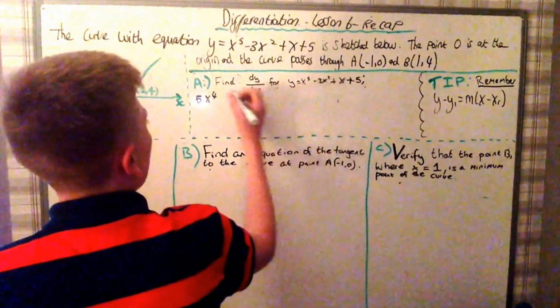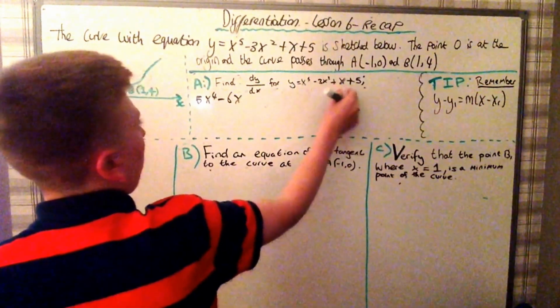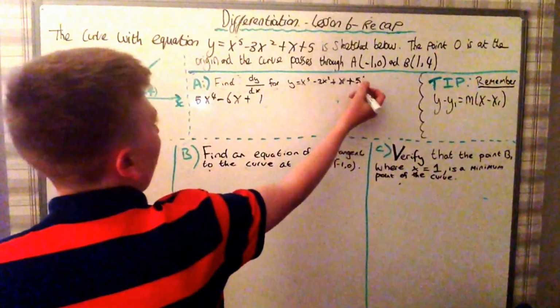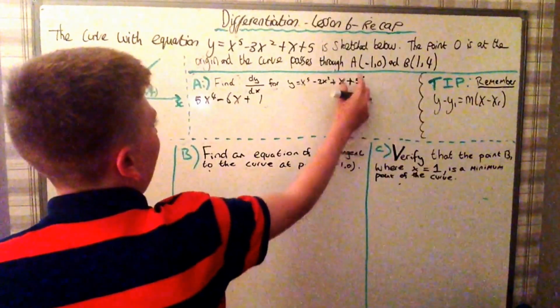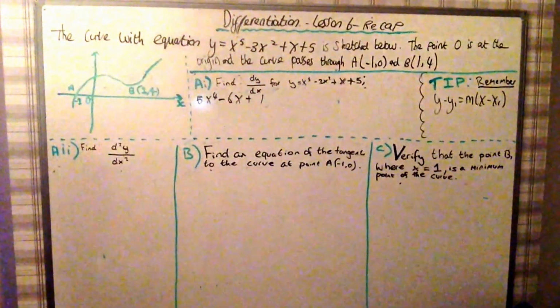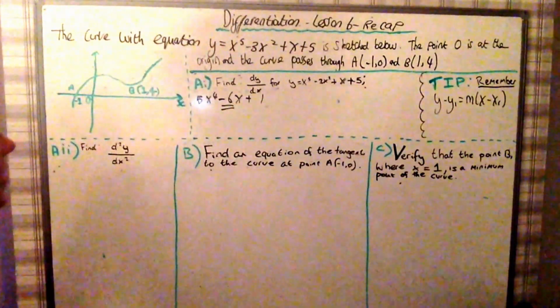Now, 3 times 2 is minus 6x, and the 1x on its own will just differentiate to become plus 1. And the 5, hopefully we remember, just cancels when we differentiate the function. So this is dy over dx, the first derivative, and that's the answer.